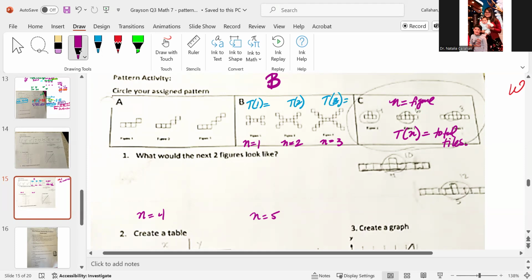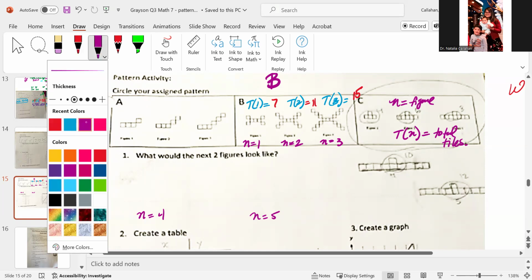Okay, next one. T of 2 is? One, two, 5 times. Okay, so 7, 11, and 15, are they linear or are they quadratic?